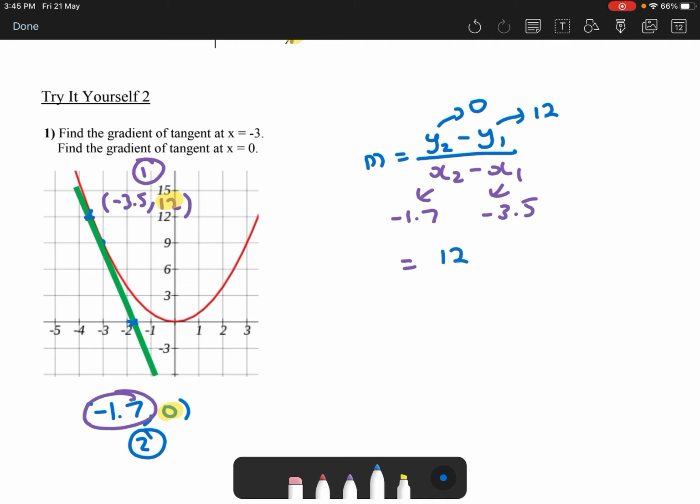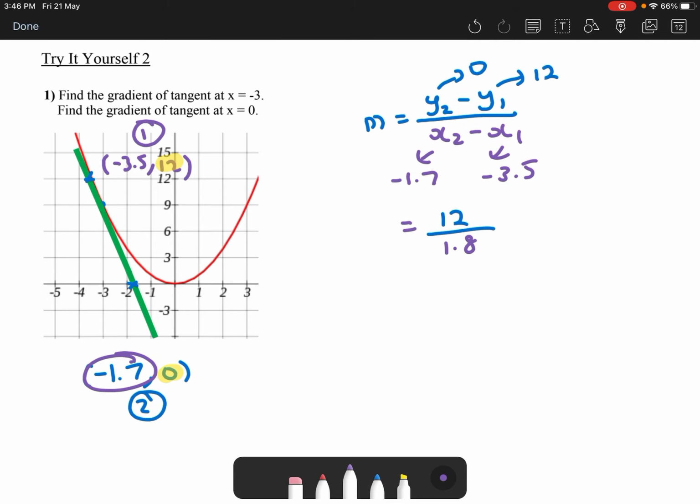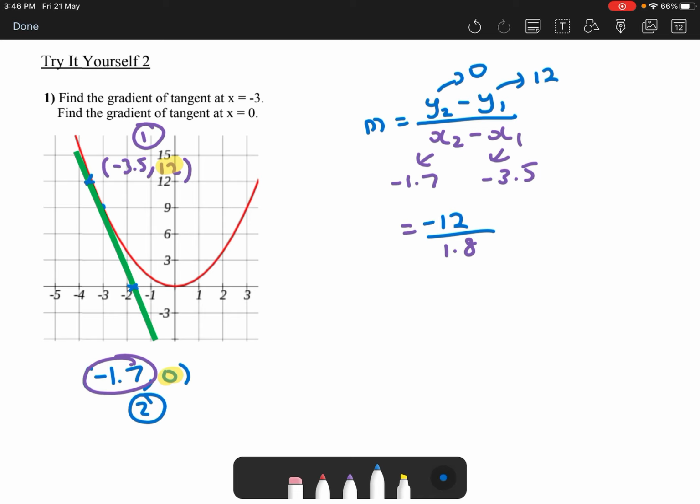So you should get 12 on top, then 3.5, about 1.8 on the bottom. Sorry, there's a missing negative on top. So -12 divided by 1.8, you'll get about -6.67 as your gradient.